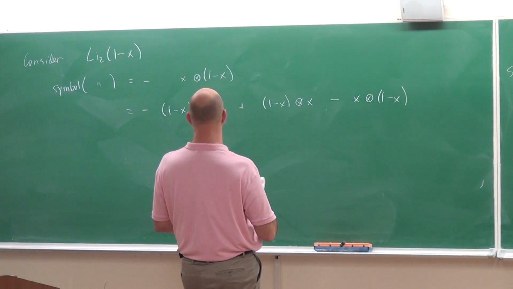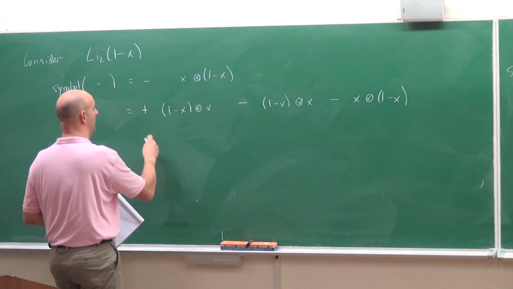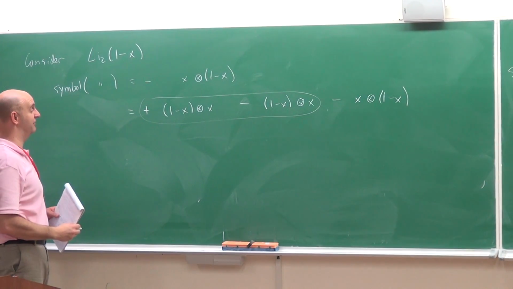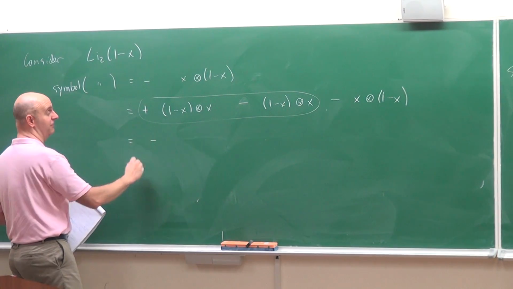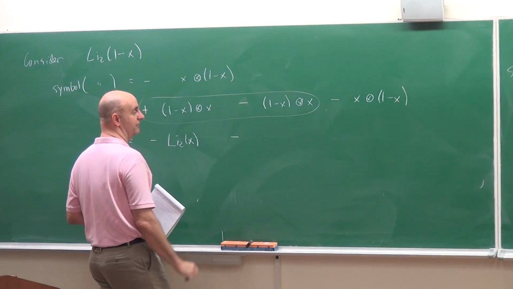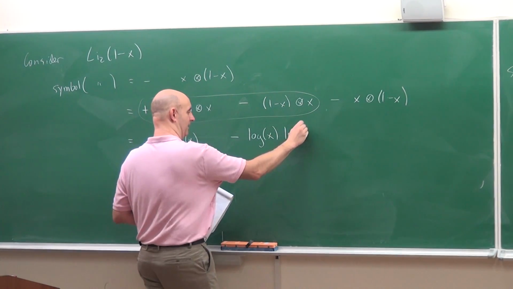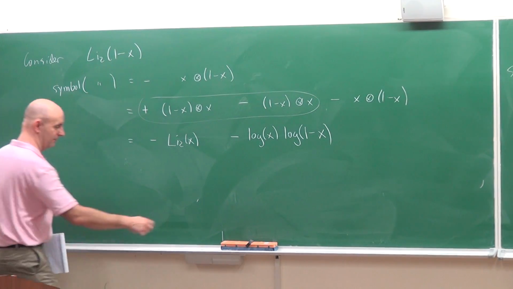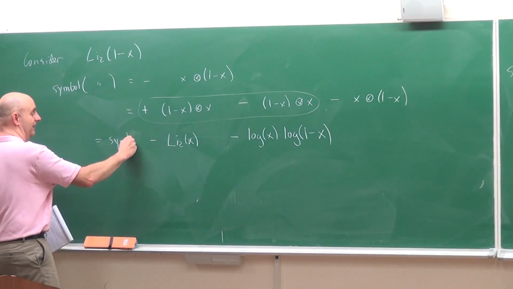Let's see. Yeah. These two terms add up to 0, so all I did was add 0 to that expression. But now notice that this thing is the symbol of minus Li2 of x. And this thing over here is the symbol of minus log x times log (1 minus x). Strictly speaking, I shouldn't say equal; I should say that's equal to the symbol of this quantity.